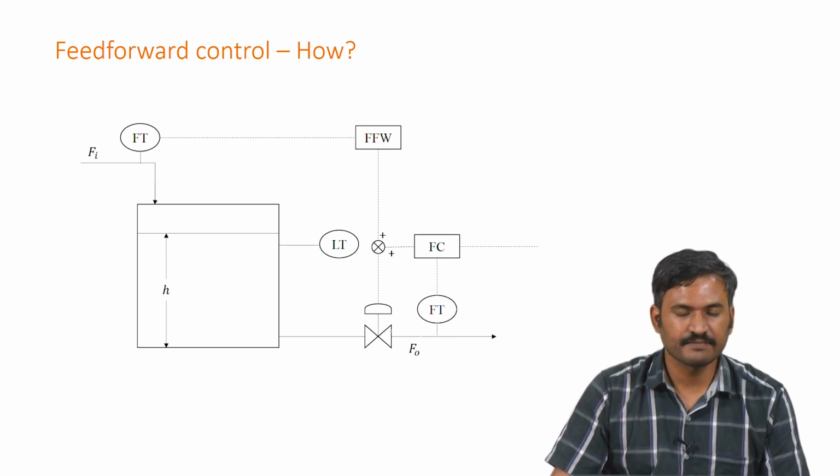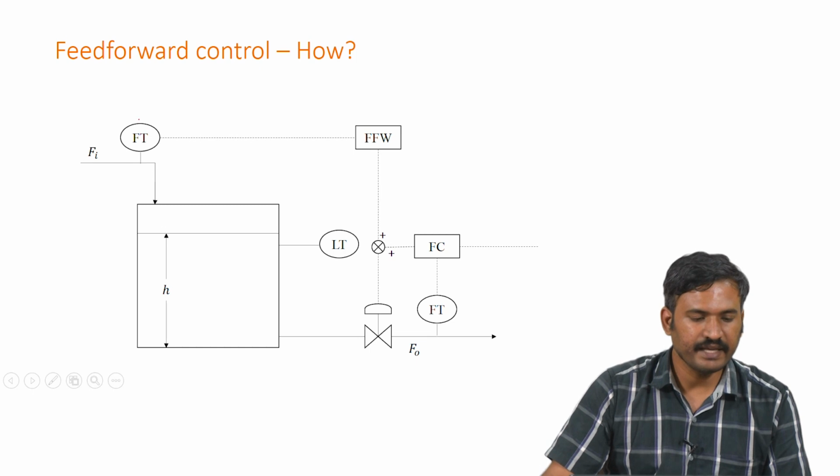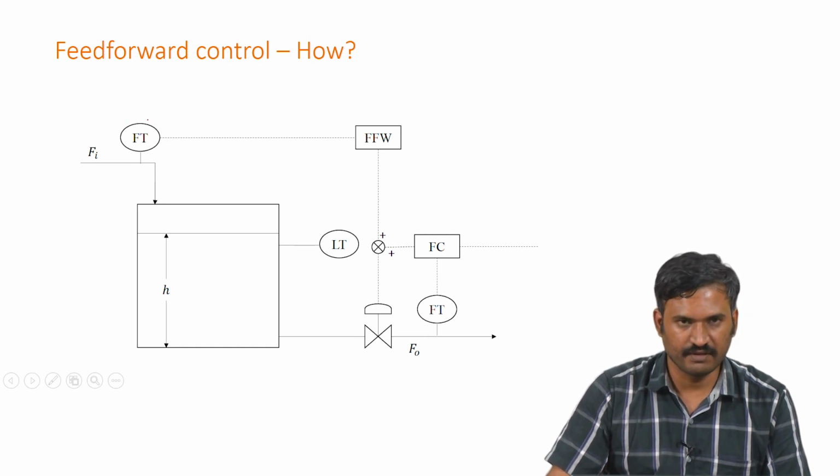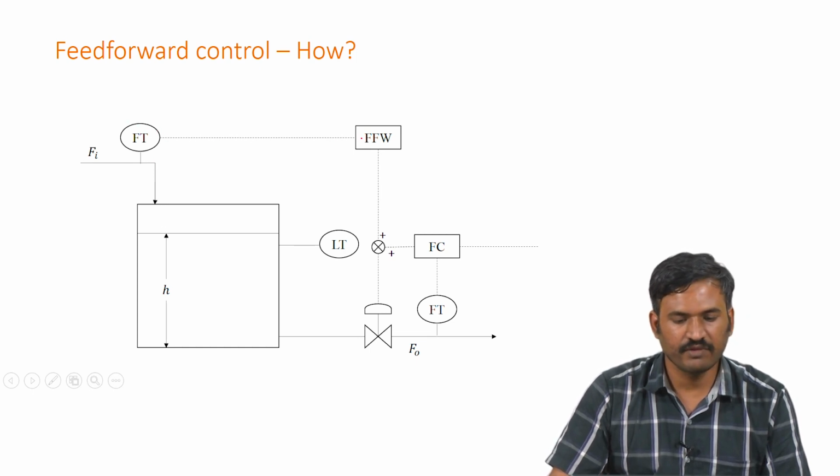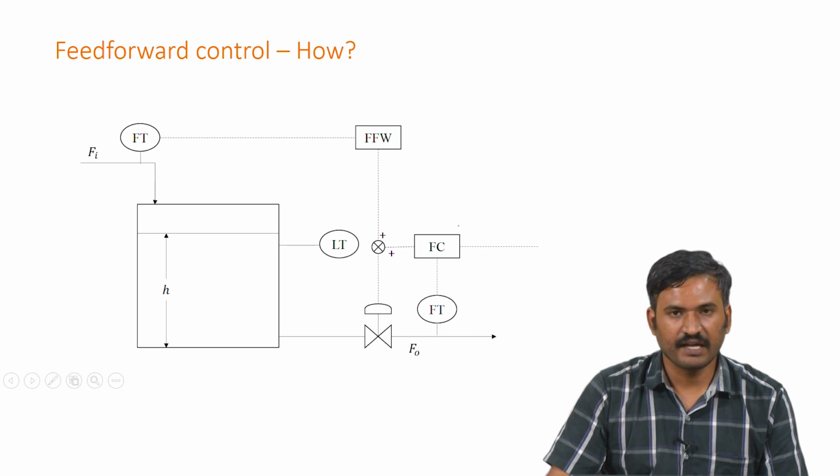So, in that case, we can take this information of inlet flow rate directly to a controller, which is a feed forward controller, and use that along with the traditional flow controller which we have here. So, the flow transmitter measures the outlet flow, compares it with the flow set point and gives the output to the control valve.